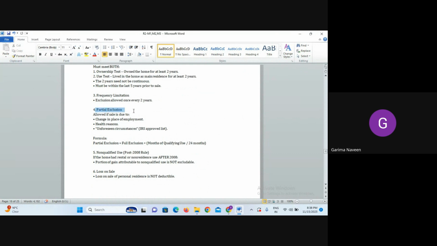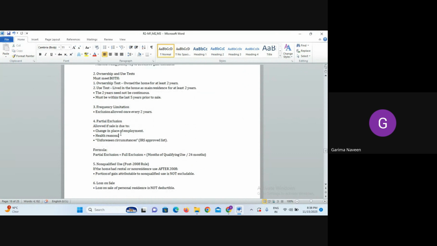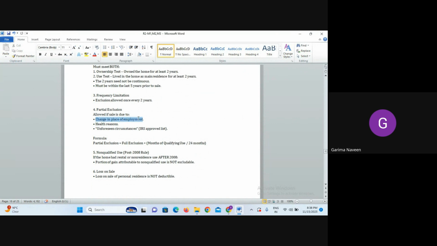Partial exclusion happens if these tests are not met, but you have changed your home due to a change in place of employment, like it is the demand of employment that you have to change your home. Then it will be partially allowed to defer this gain.